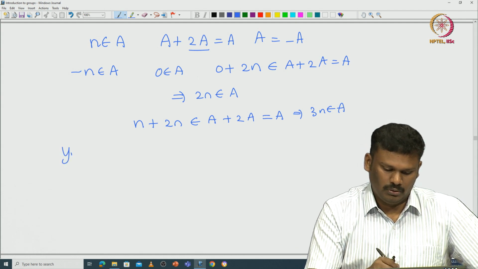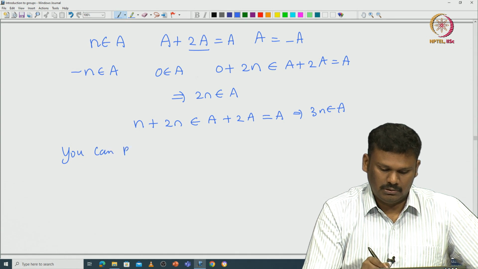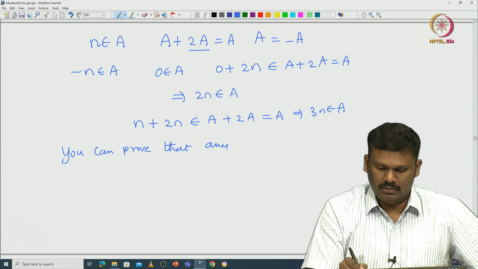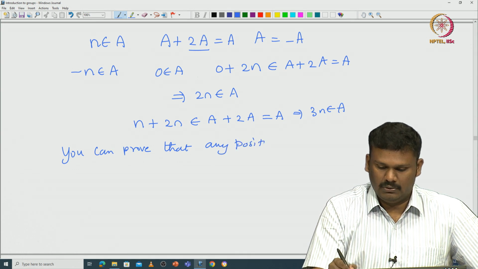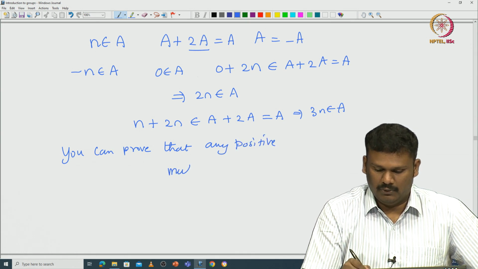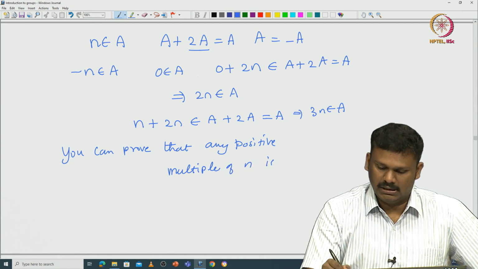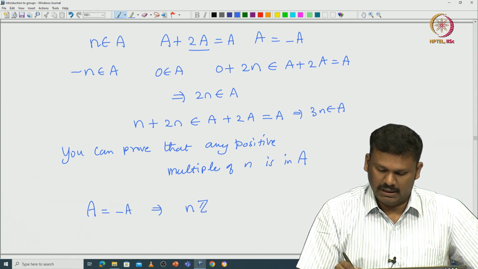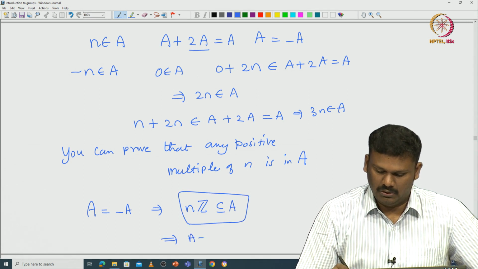You can prove that any positive multiple of n is in capital A. Since A equal to minus A, that would imply that nZ is a subset of A, and that would imply that A equal to nZ.